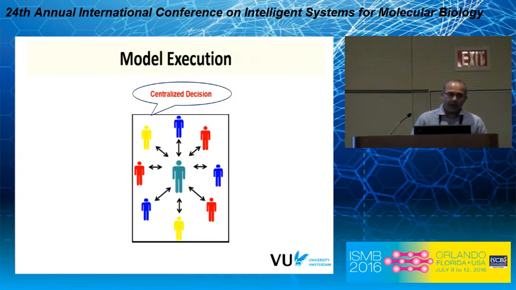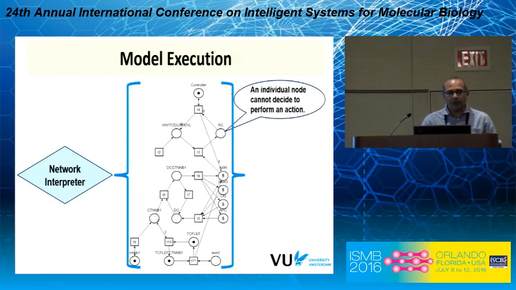Regarding model execution, it is not desirable to have a centralized decision-making at network level. Why? Because in this case, a big monolithic network interpreter decides which action should be taken, by which node, and when. This makes simulating complex biological pathways more complicated.